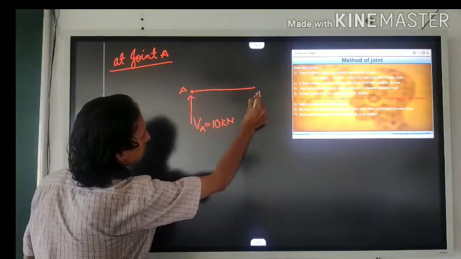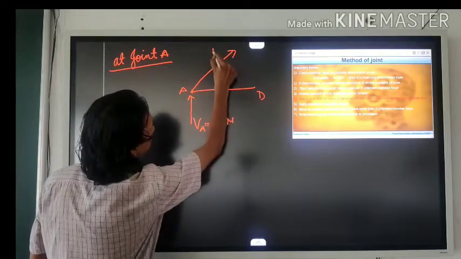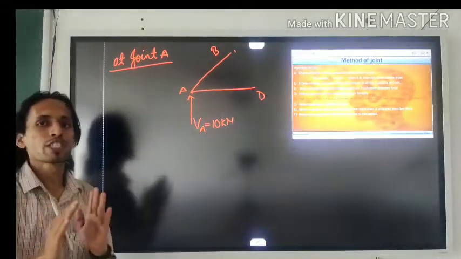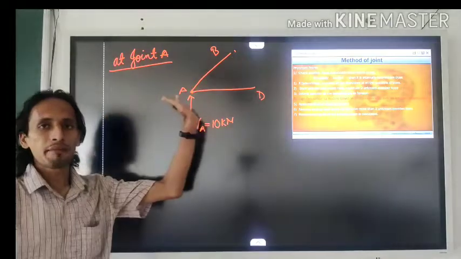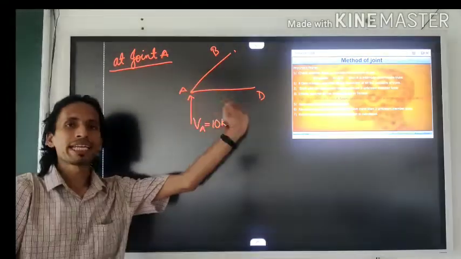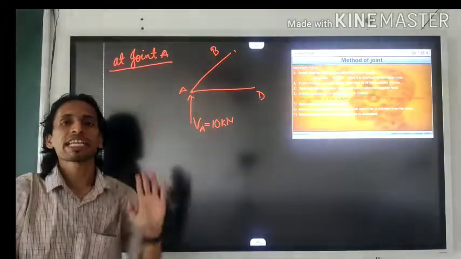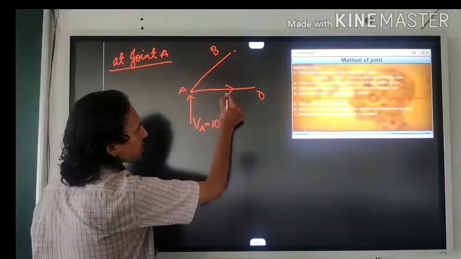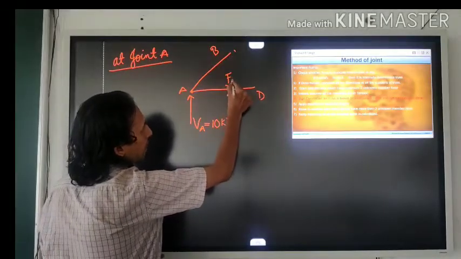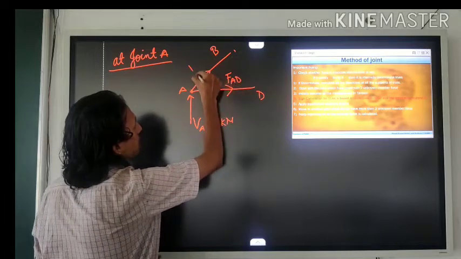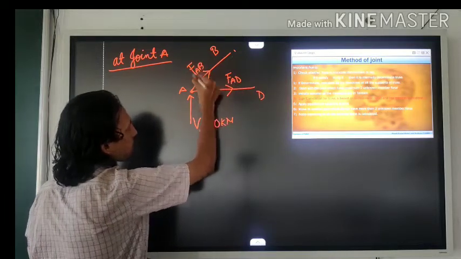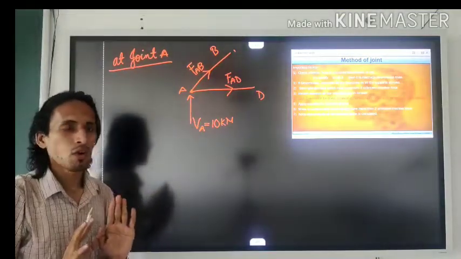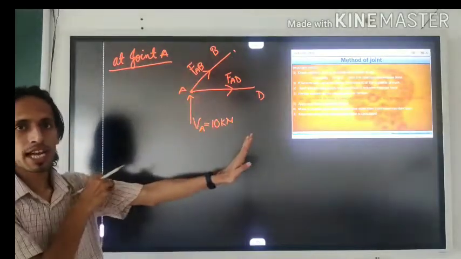This is A, this is D, and this is B. These members are connected. Now assume that member AD and member AB are initially in tension. Let us assume there is some tension force F in AD, tension F in AB. Why tension? It is going away from the joint, so the member AD is in tension. So all the forces are pictured here.